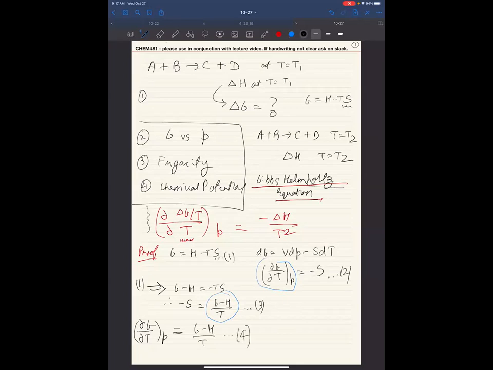For those of you who came late and think they are suddenly lost in the land of algebra, the big picture here is we're trying to show a relation between delta G and delta H, and we are working through the manipulations for that. So this is equation 4, but the equation that we are trying to prove, the Gibbs-Helmholtz equation, does not have partial G by partial T. It has partial of G over T by partial T, right? So what we need to do is to look at partial G over T by partial T. Which rule from calculus should we use now?